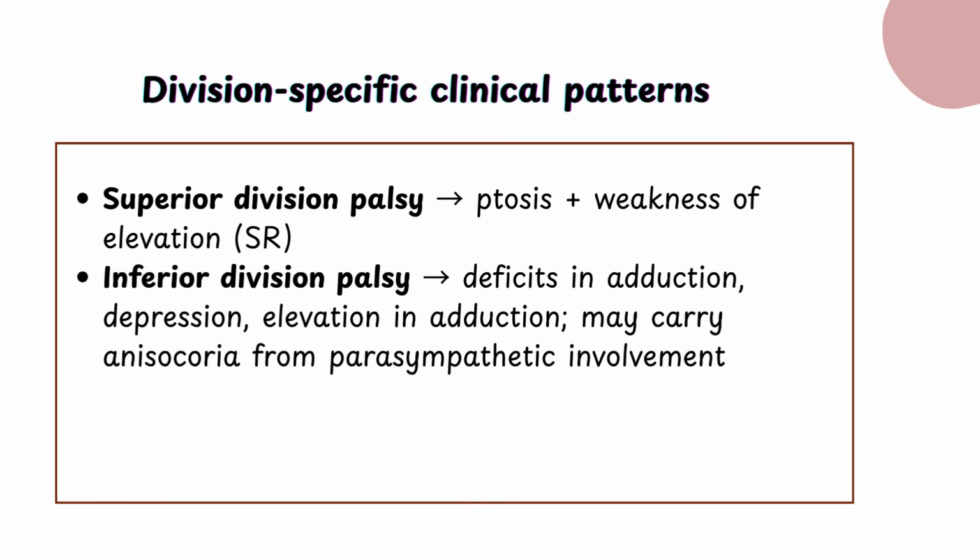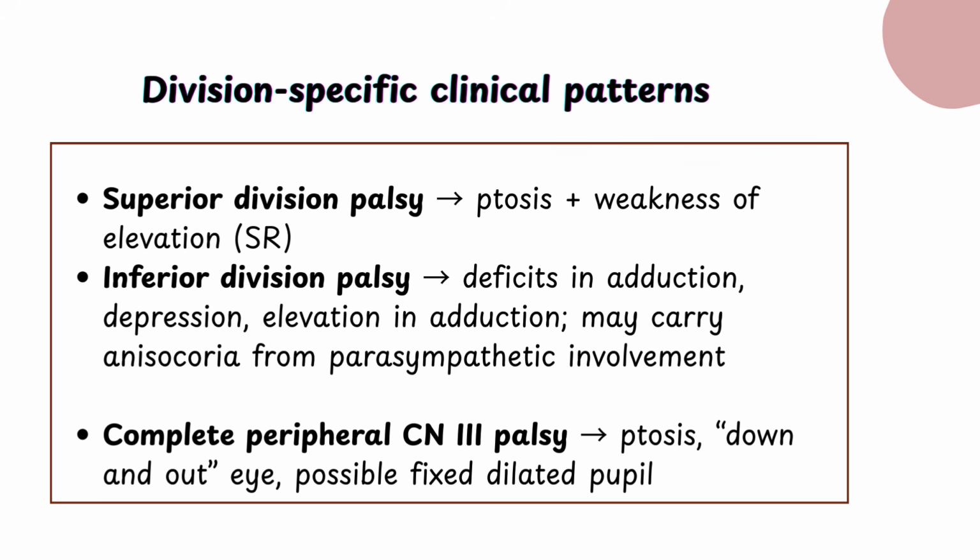In inferior division palsy, we get loss of adduction and depression because of affliction of the MR and the IR, and loss of elevation in adduction because of the problem with the IO, and the pupil may be dilated. Also, complete third nerve palsy can result sometimes because of affliction of both the divisions at once, and that will lead to ptosis, down and outward movement of the eye, and a fixed dilated pupil.